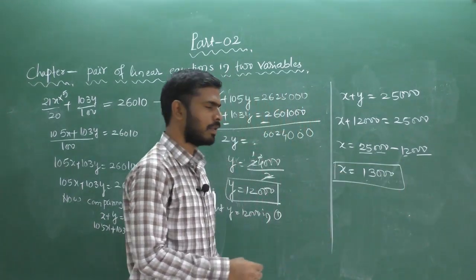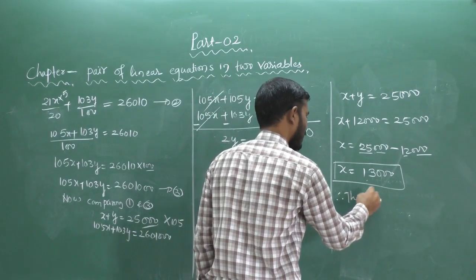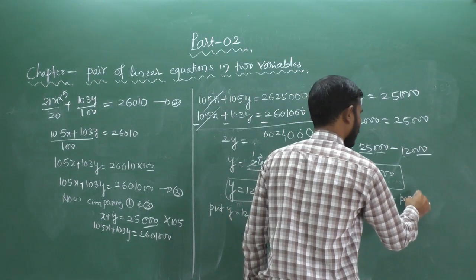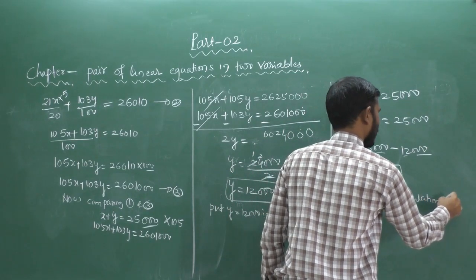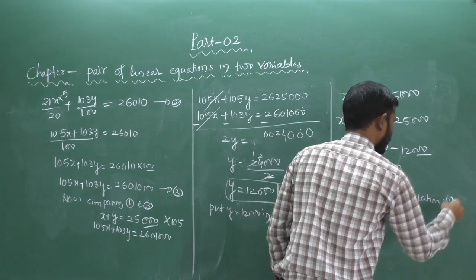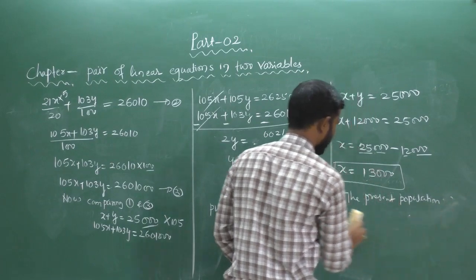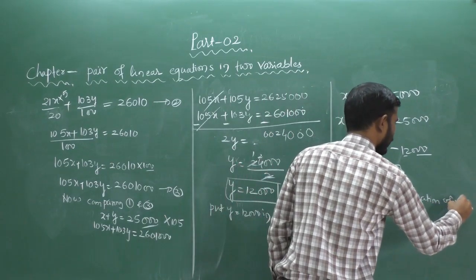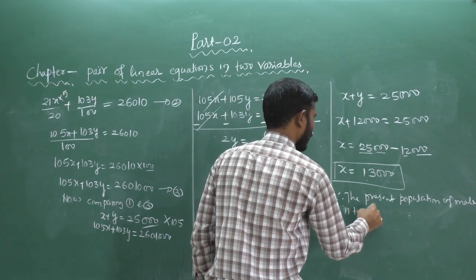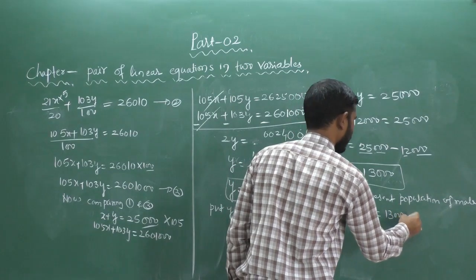And the last sentence you have to write compulsorily. Therefore, the present population of males in the town equal to how much? 13,000.